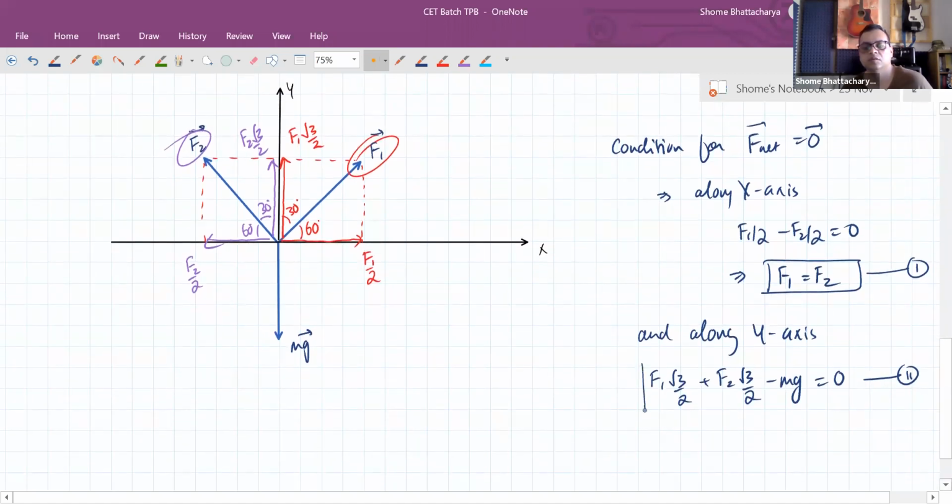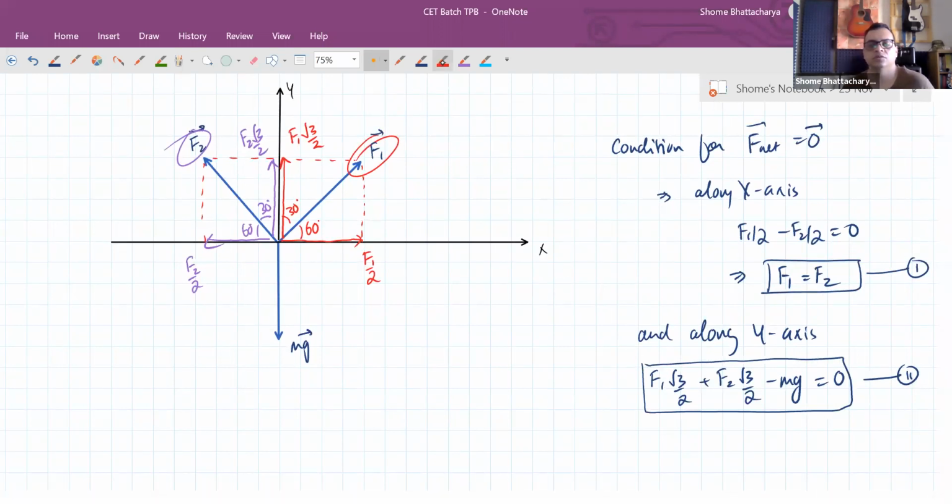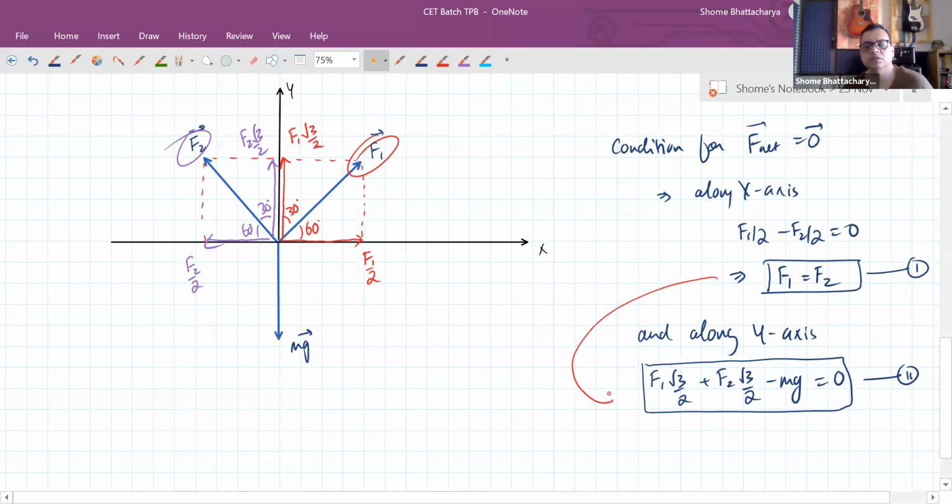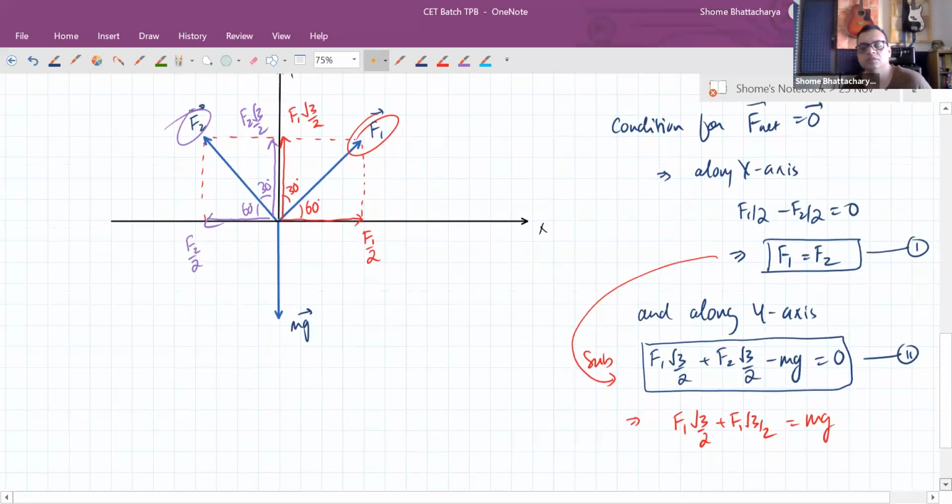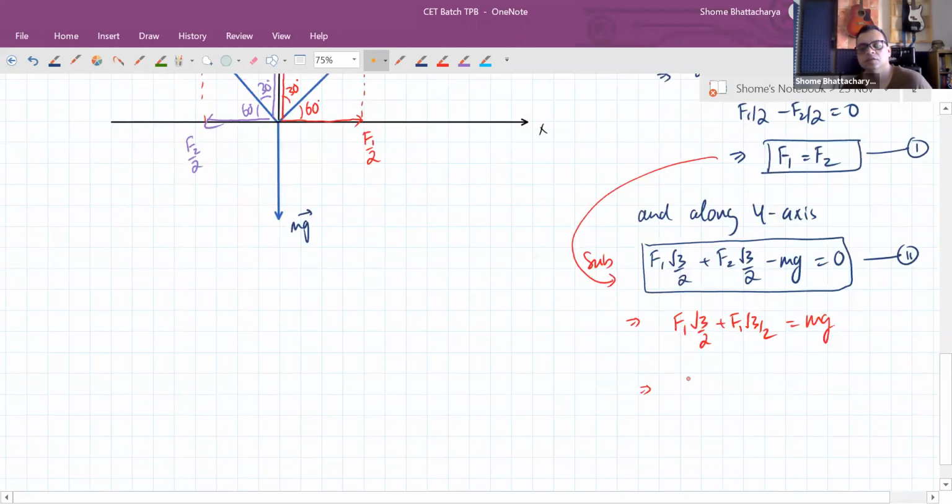Okay. So now what you do is you substitute the condition from the first equation here. So this becomes F1 root 3 by 2 plus F1 root 3 by 2 because F2 is equal to F1, that's equal to mg. So F1 root 3 is equal to, now m was 20 kg and g was 10.